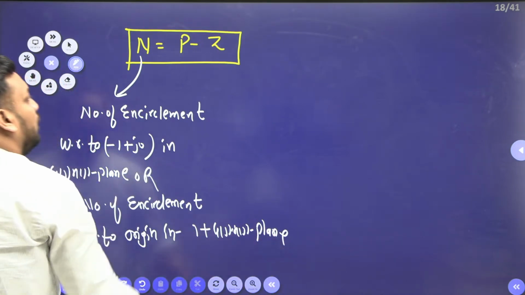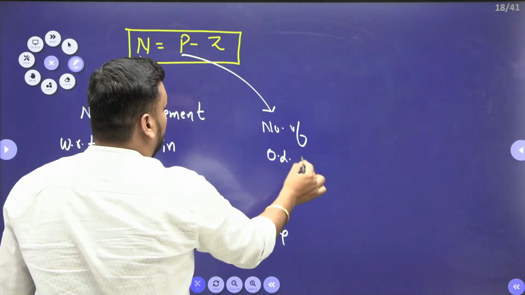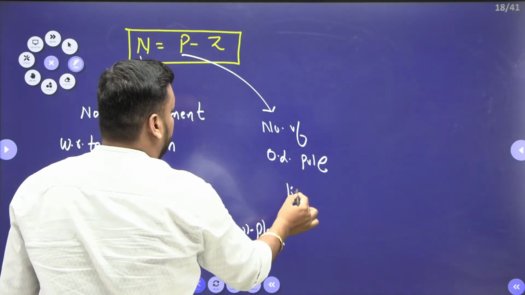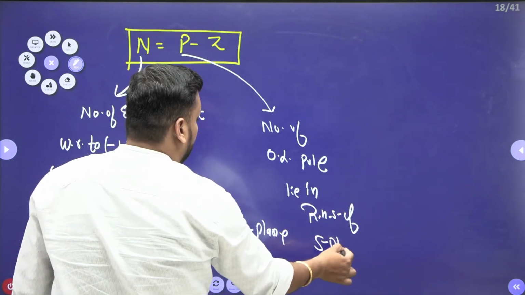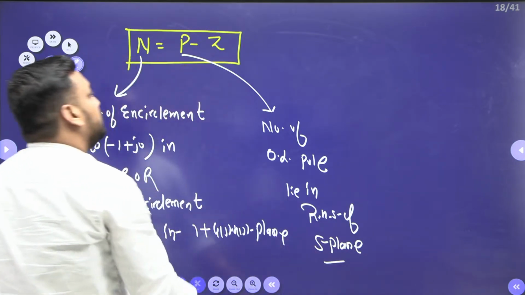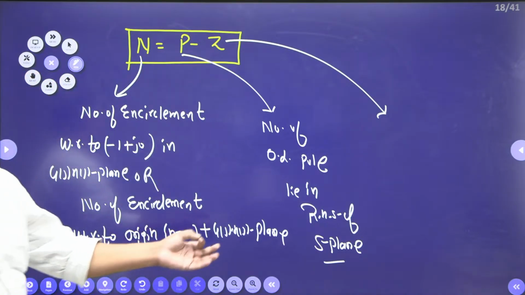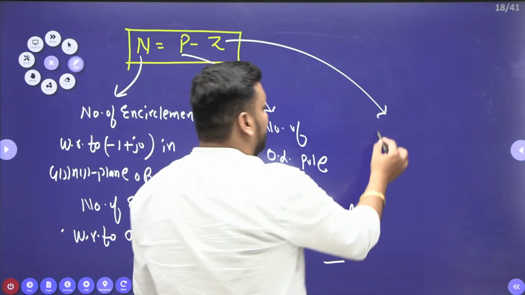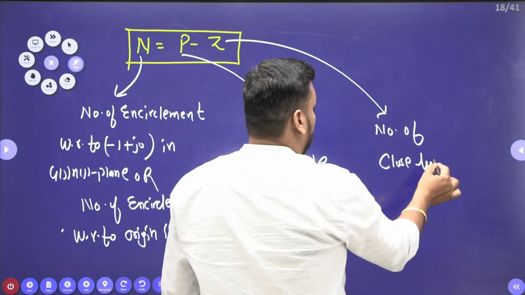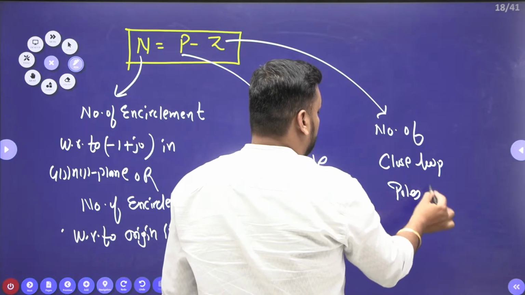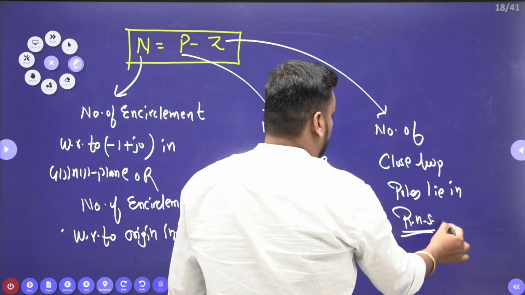If I talk about P, then you must write P is the number of open loop poles that lie in the RHS of the S plane and are encircled by a closed contour which exists in the clockwise direction in the S plane, where Z represents the number of closed loop poles that lie in the RHS of the S plane.